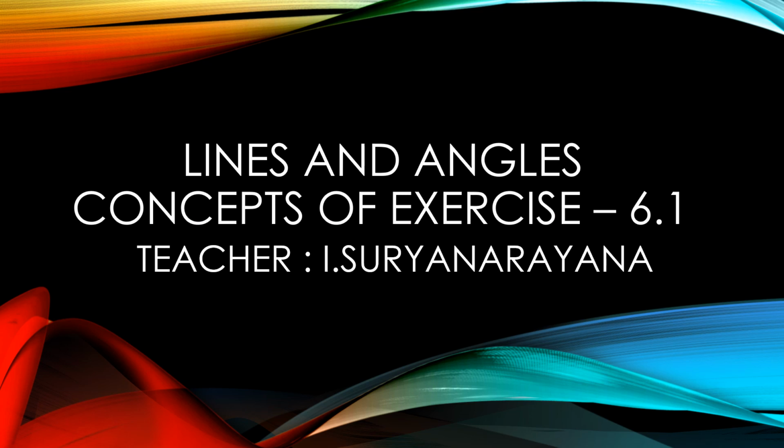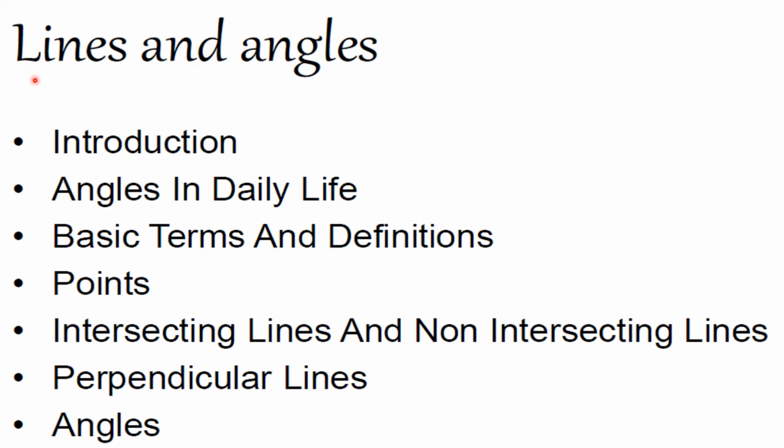Right. So in this chapter, lines and angles, and in exercise 6.1, we are going to discuss these points. Okay, my children, first point is introduction, and second point, angles in our daily life.